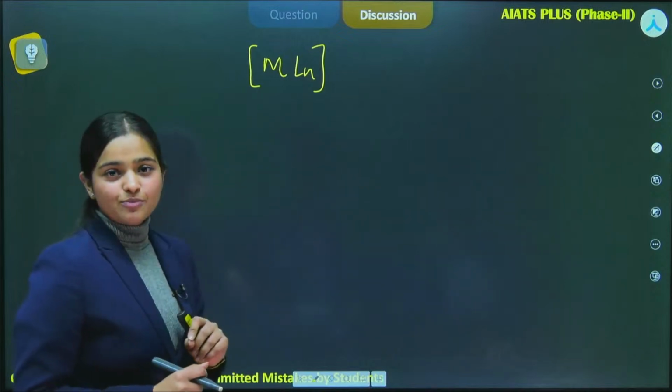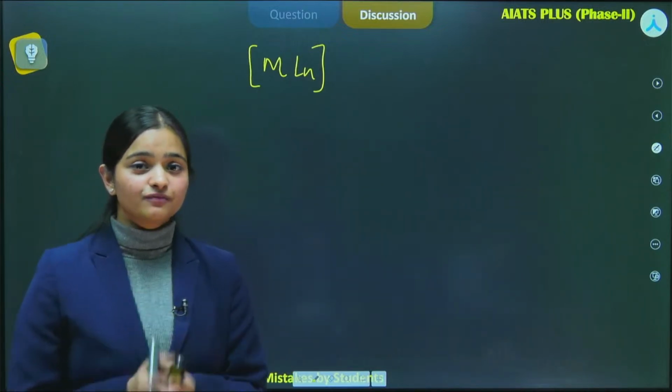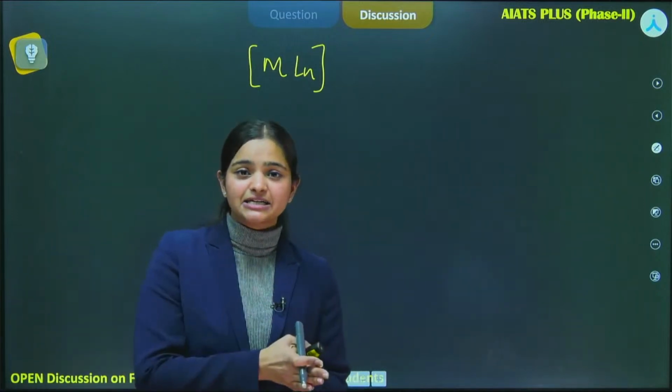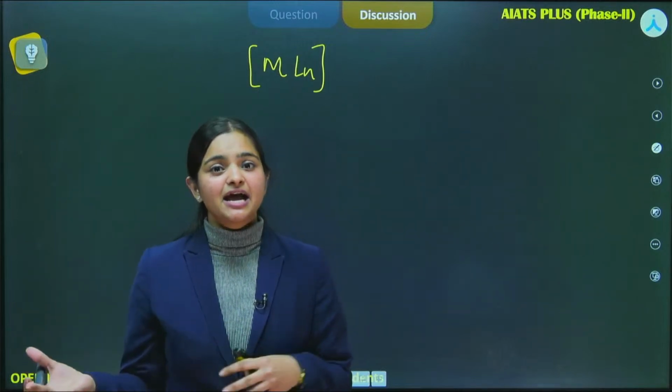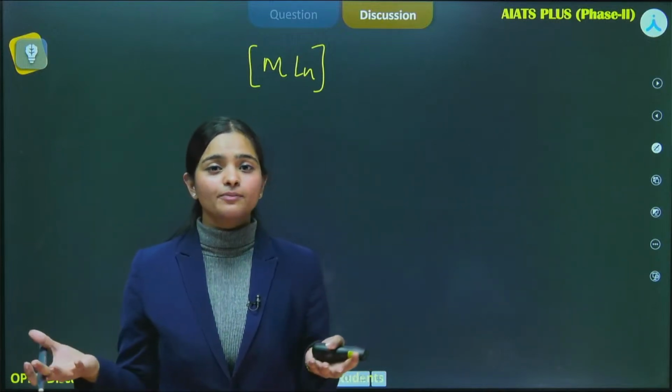So this is the type of complex that we study. Now according to VBT, that is valence bond theory, it states that the metal is basically influenced by the ligand, which decides which of the orbitals it uses.